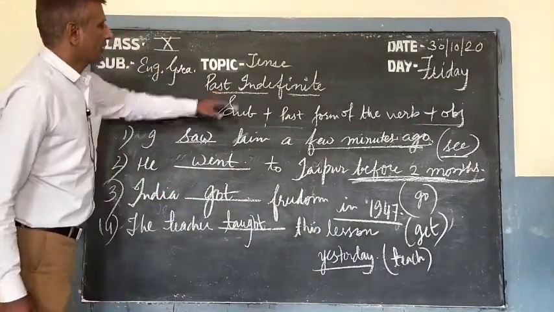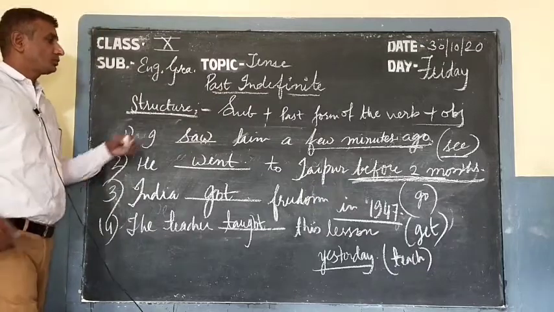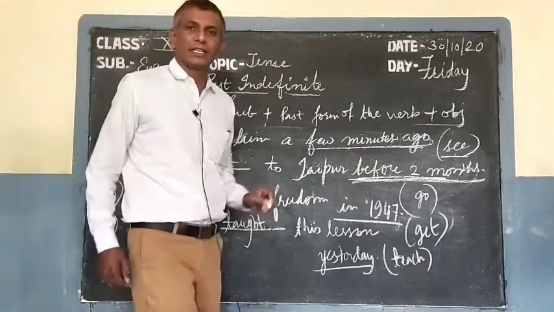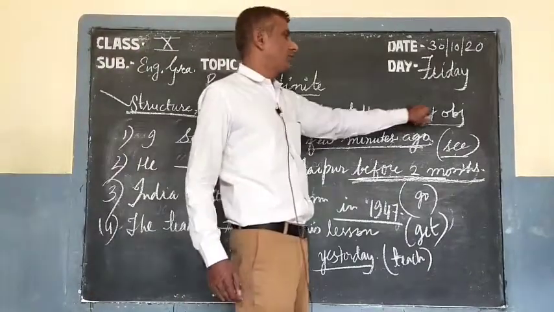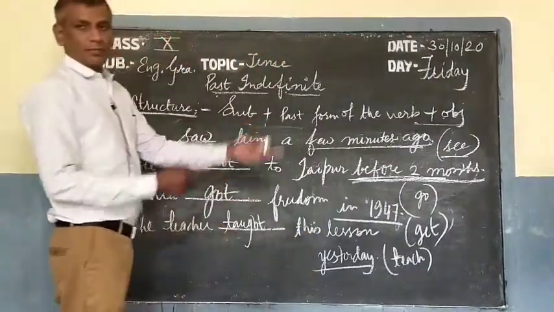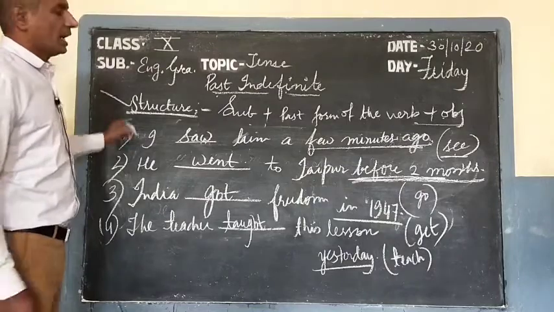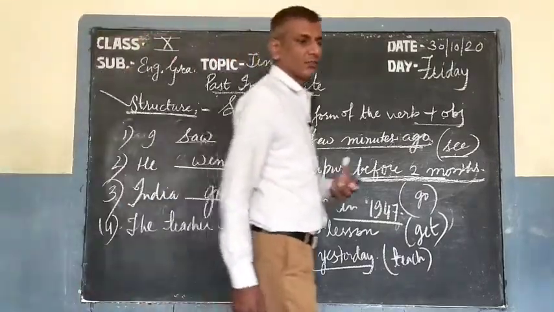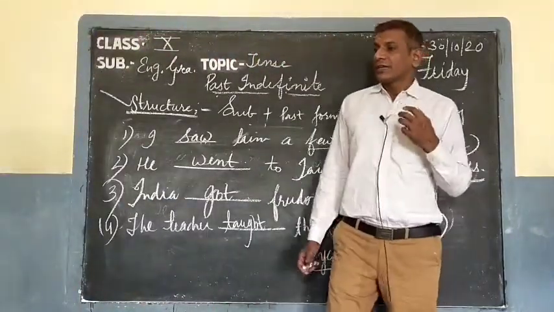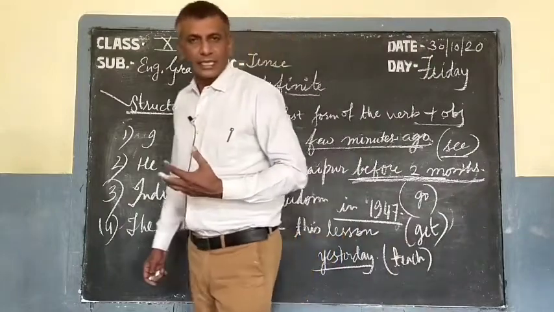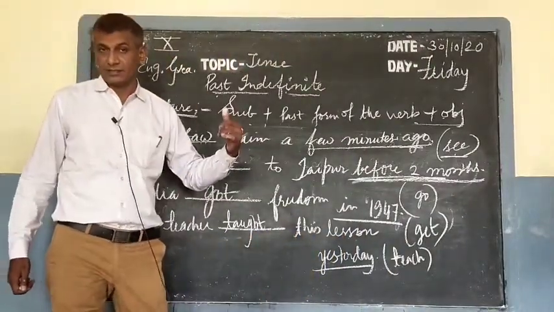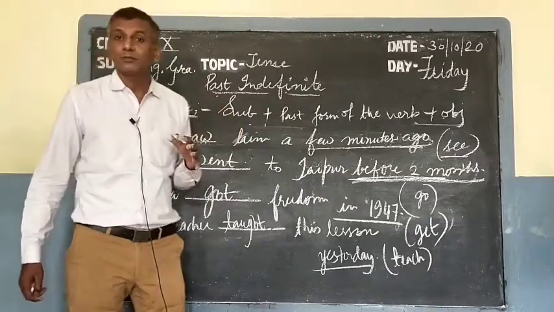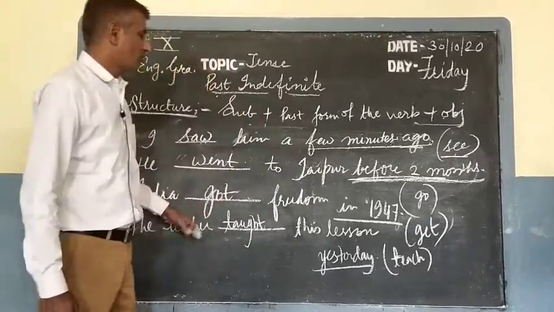So today I have explained to you the past indefinite. First thing is the structure: subject, past form of the verb, and object or object particles, and then I told you a few identification words. First thing, when in the exams you are given the sentences, you identify the tense in the sentence, and with the help of the verb you can fill the correct form.